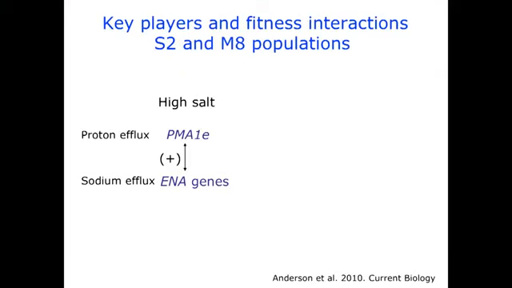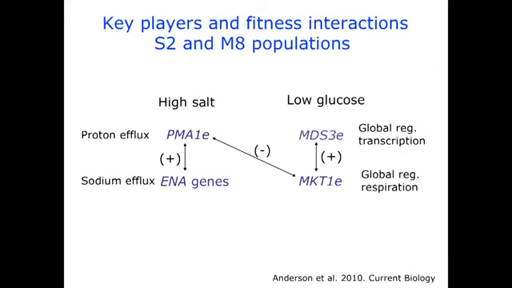So here are the ones we're looking at. We've got in high salt, PMA1 is obviously important. We have the sodium efflux genes. These are both ATP-driven proteins. Over here, MDS3, it's a global regulator of transcription. This one is a global regulator, but not of transcription, it's of mRNA half-life. So it has to do with sequestration.